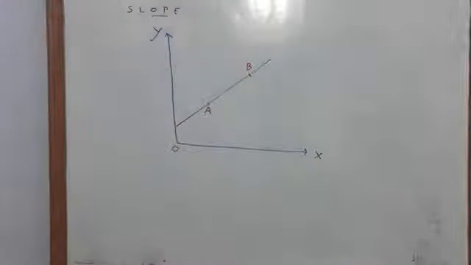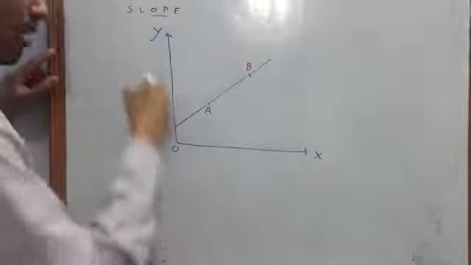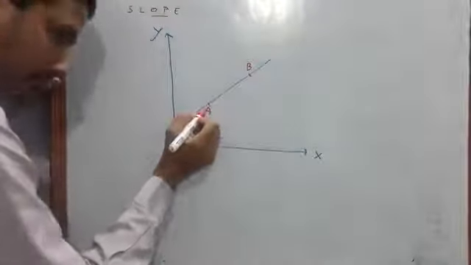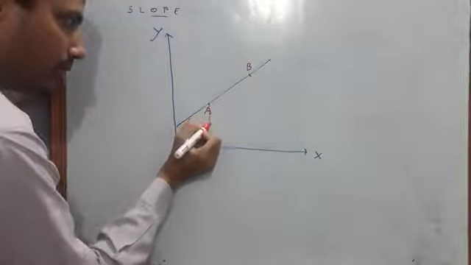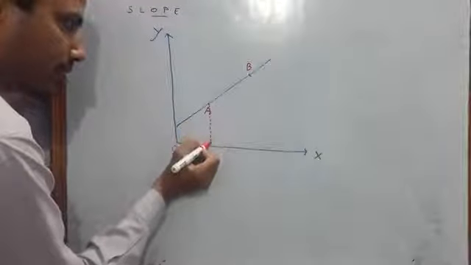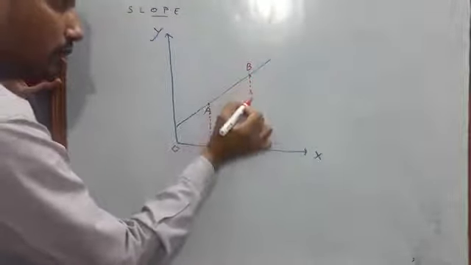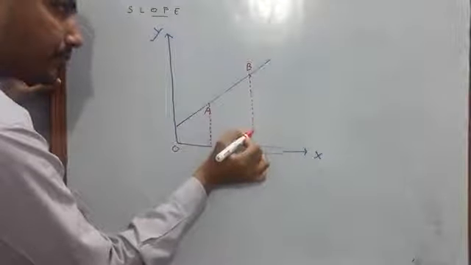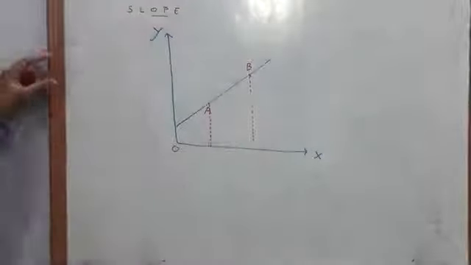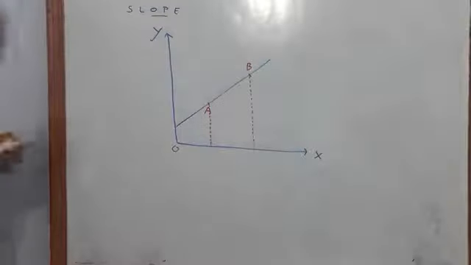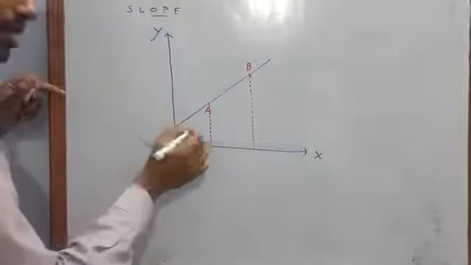From these 2 points A and B on the graph, we will drop perpendiculars on x and y axis. So let's drop the perpendiculars. This is the perpendicular on x axis from A and this is the perpendicular on x axis from B. Suppose the coordinates of these 2 points A and B, you know about ordinate and abscissa.